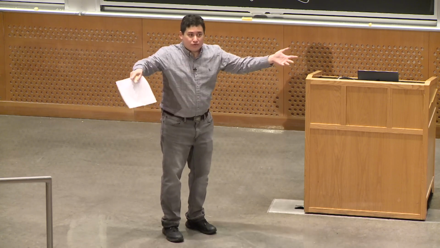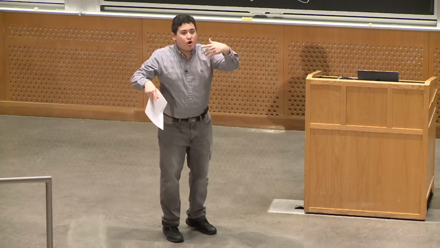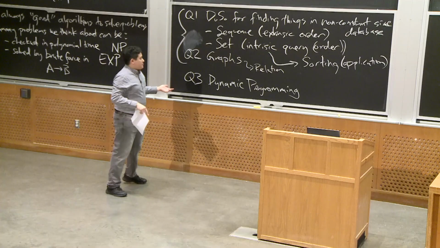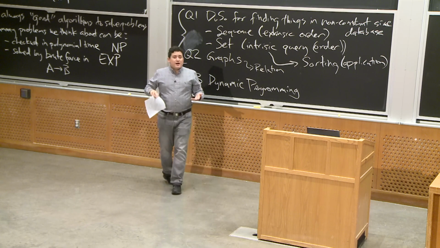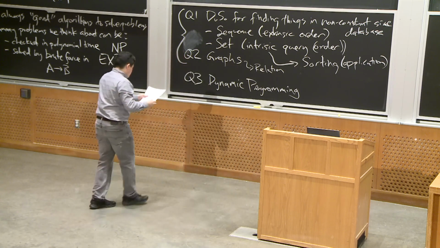You're not locally brute forcing. You're locally picking an optimal thing and hoping that it'll lead you to a good thing. That's a much harder algorithmic paradigm to operate under. And so that's more like the material that you'll be talking about in 6.046.